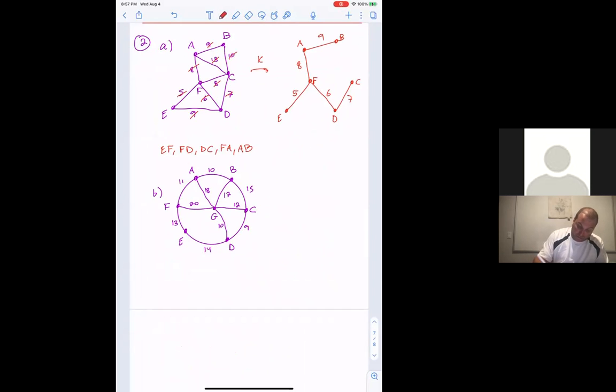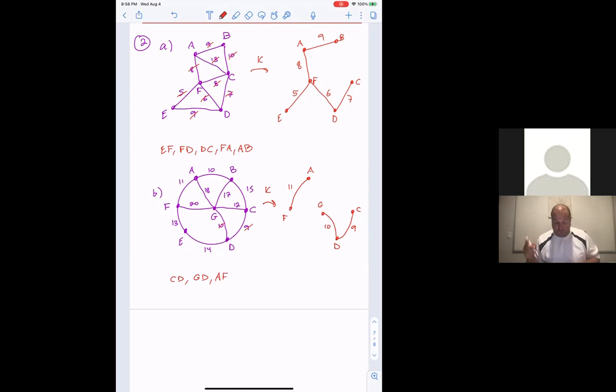Okay, so B, we're gonna use Kruskal's algorithm. Edge of least weight, that's this one here. CD has a weight of 9. Next edge of least weight anywhere in the diagram, we have GD, a weight of 10. I have an 11. AF is 11. Not attached, don't care.